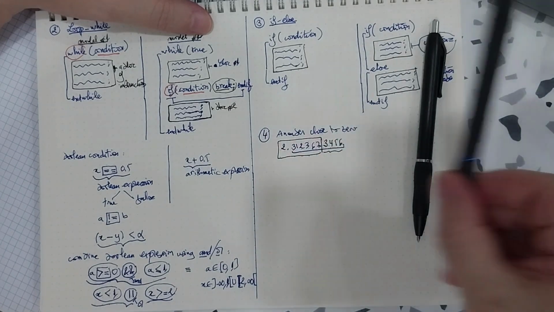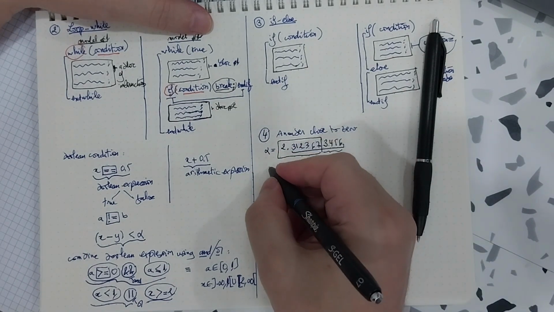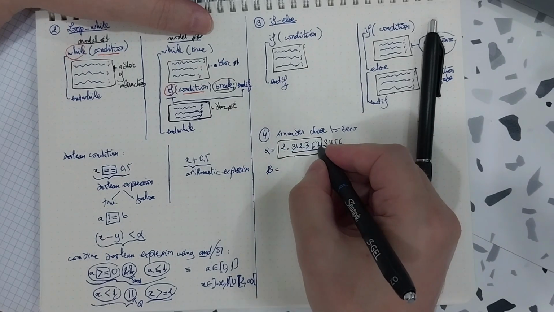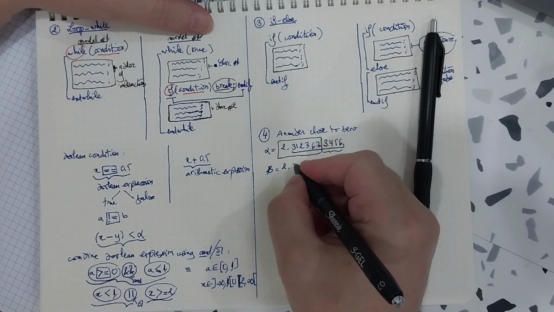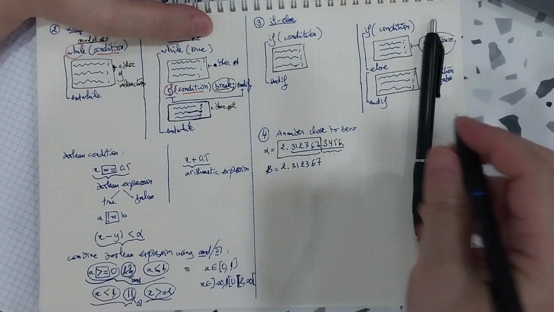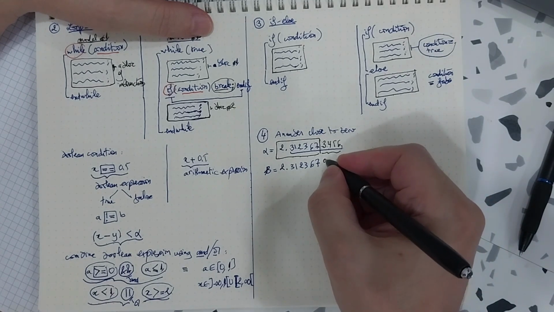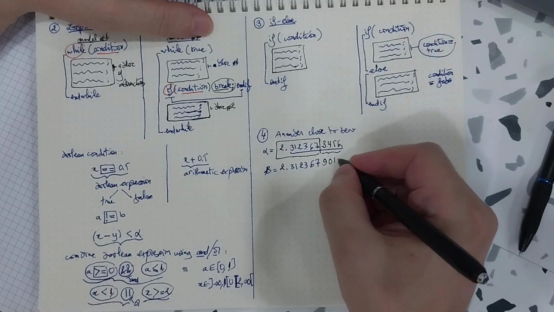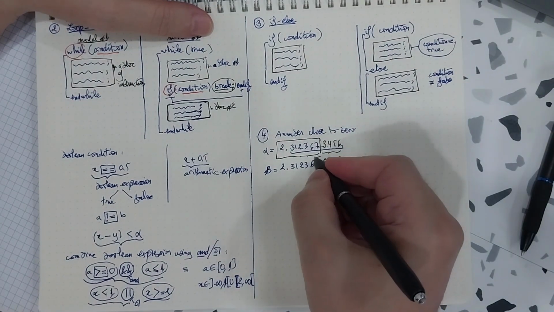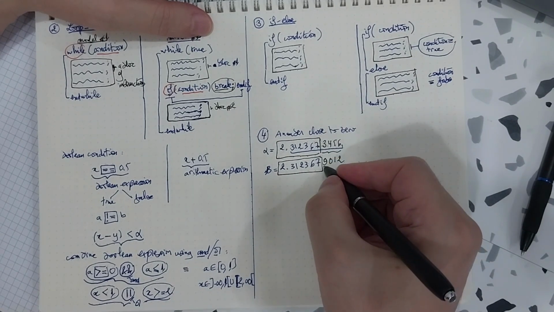This is the first number. Let's call it alpha. And we have another number, beta, with exactly the same first digits, but the other digits are different. For example, here we have 9, 0, 1, 2. So the question is, are these two numbers equal or different?